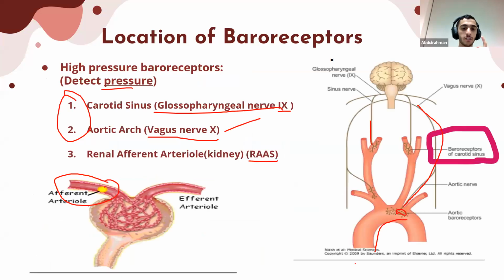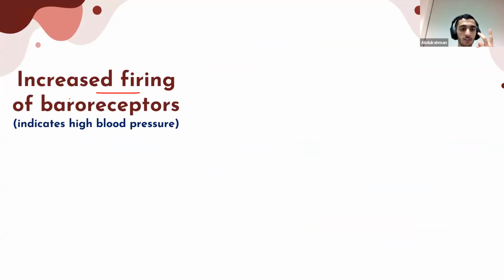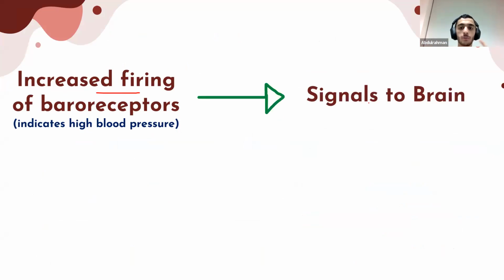So now if we go back here, if there is an increase in firing, it means there is an increase in stretch, which means there is an increase in blood pressure. So our compensation will be to lower the blood pressure. This is just to help you guys whenever you see a question, so you can skip the breaking down in your mind part and just go: increase is increase, decrease is decrease. So a signal is going to be sent to the brain.